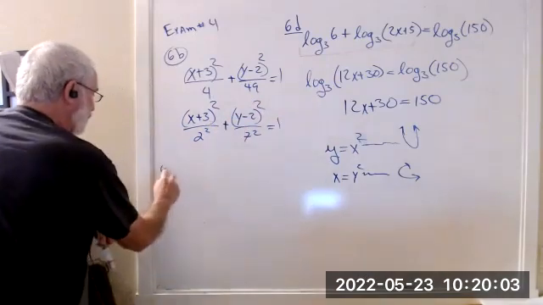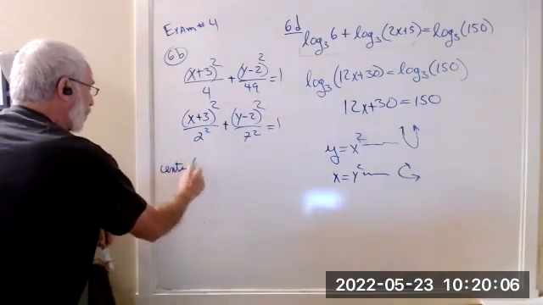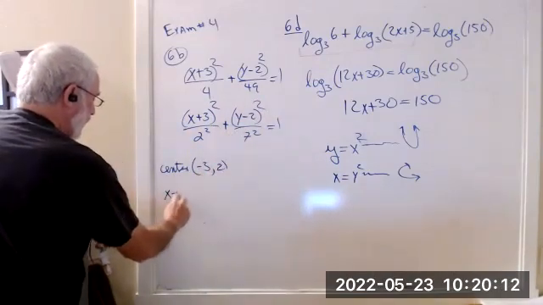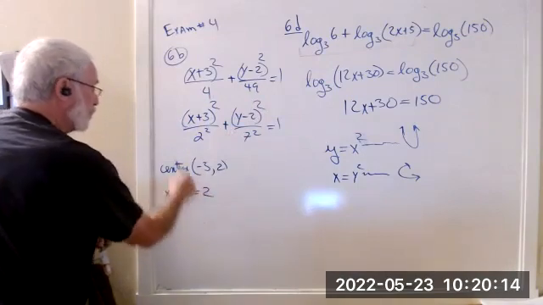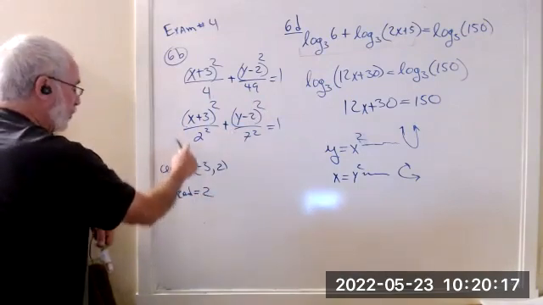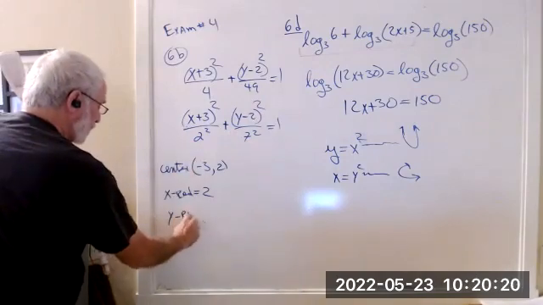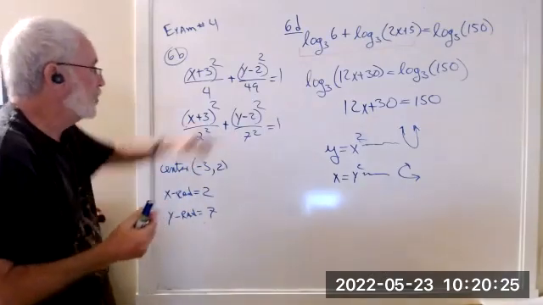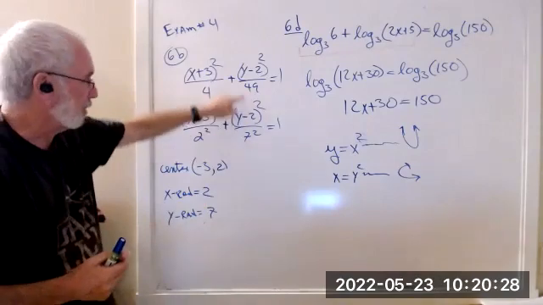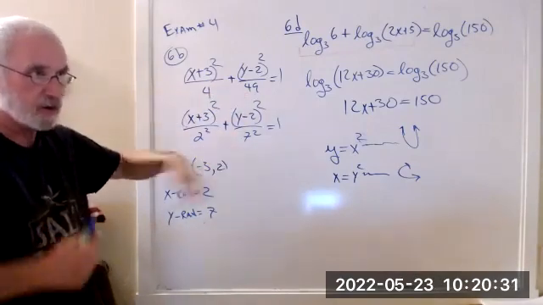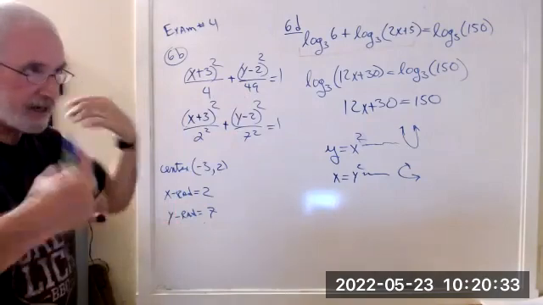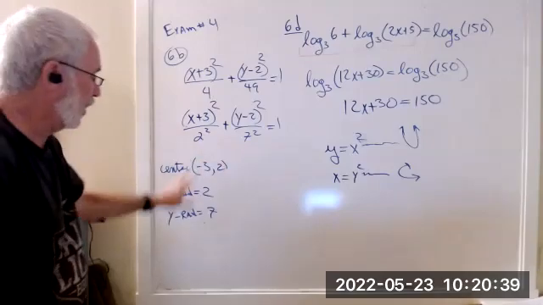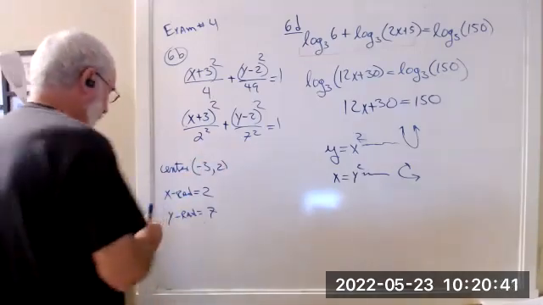That's because then our center was negative 3, comma 2. Our x radius was 2 because it was under the x value, and the y radius was 7 because it was under the y. You could either rewrite the problem, or most of you just did it automatically in your work. That's the thinking that has to go on.